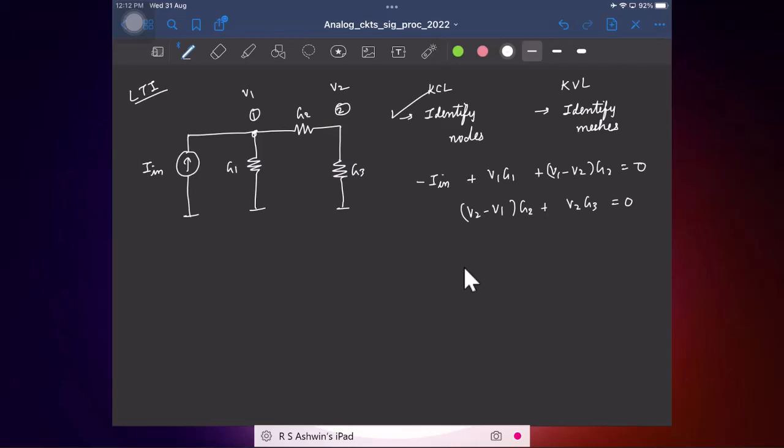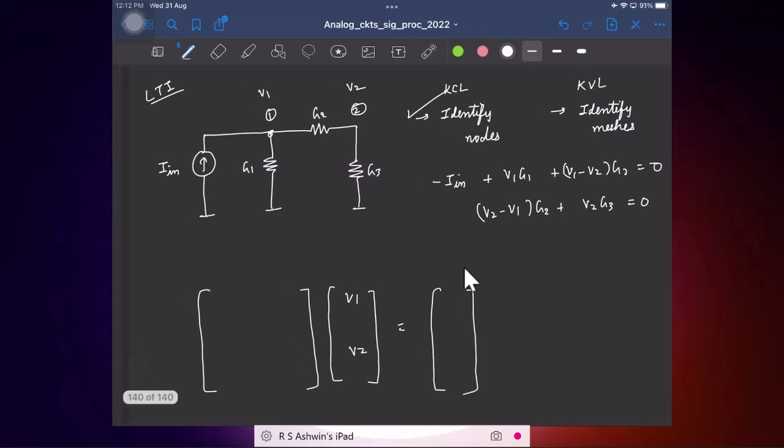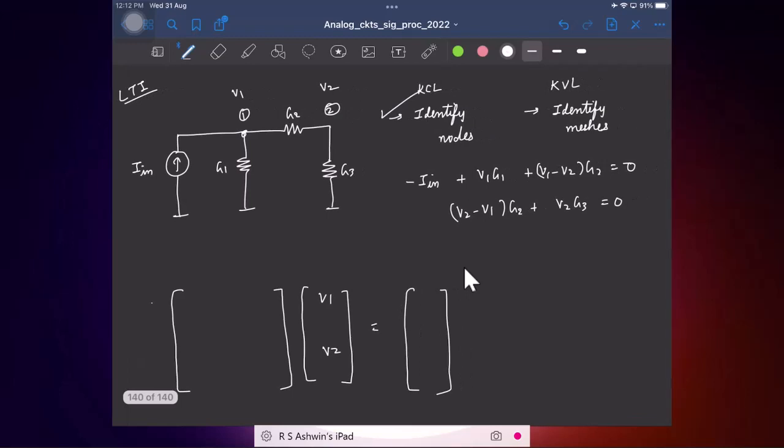Of course you can finally represent everything in terms of matrices. So let's say these are the unknown voltage vector, and this will be equal to something. The first row in the matrix will be the KCL at node 1, here we'll have the KCL at node 2, and again the same thing here.